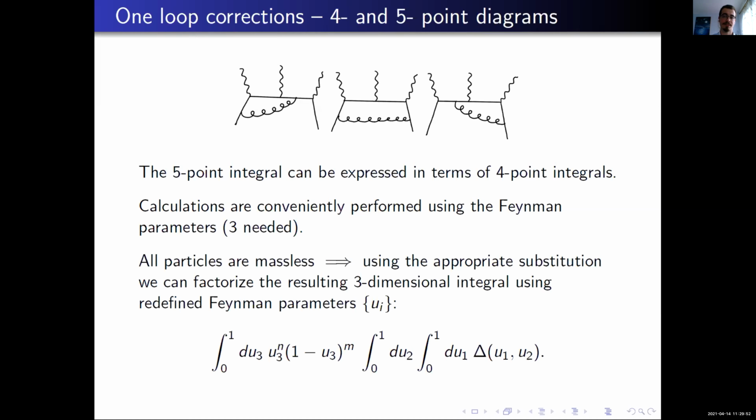And because of that, it is possible to find a substitution which factorizes the resulting 3-dimensional integral over Feynman parameters in terms of redefined ones denoted as U, as the following product.